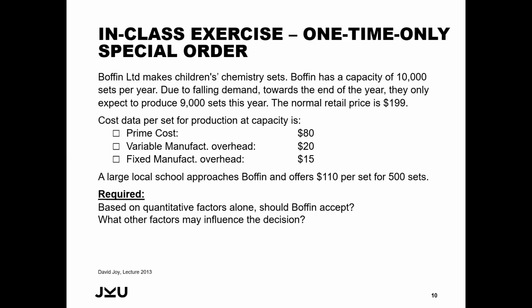In class, this would be your question and your answer, or maybe also our discussion. I'll just give you the gist of it. We have prime costs as variable costs of $80 and variable overhead costs of $20, which are $100, and that leads us to our contribution margin.